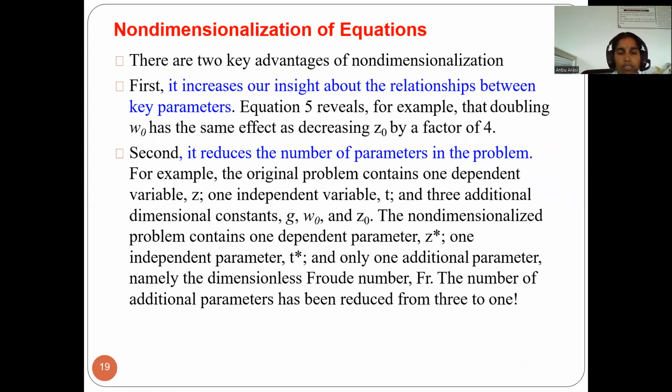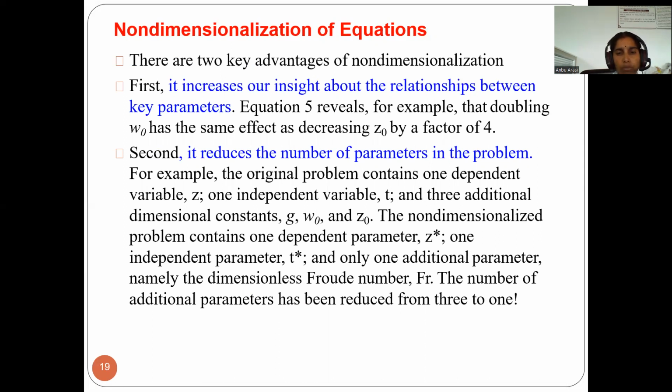There are two key advantages of non-dimensionalization. First, it increases our insight about the relationships between key parameters. Equation 5 reveals, for example, that doubling w0 has the same effect as decreasing z0 by a factor of 4. Second, it reduces the number of parameters in the problem.